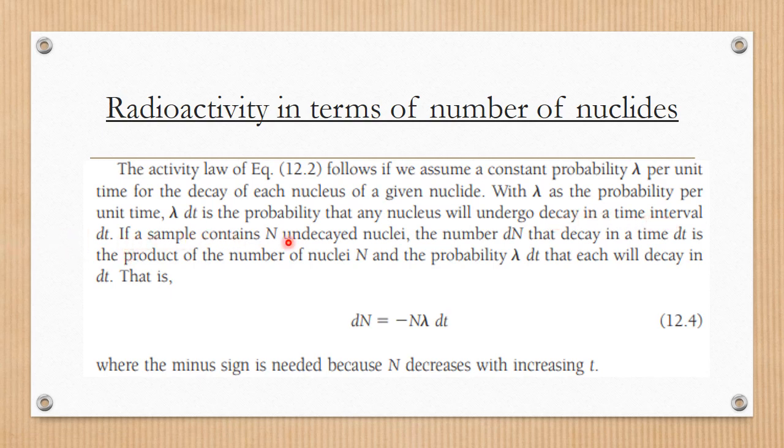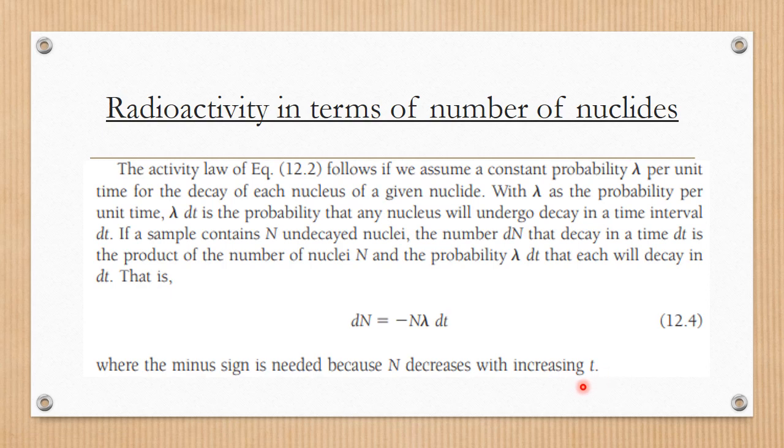Now, if a sample contains N undecayed nuclei, the number dN that decays in a time dt is the product of the number of nuclei N and the probability lambda dt that each will decay in dt. That is, dN equals minus N lambda dt, where the minus sign is needed because N is decreasing with increasing time.